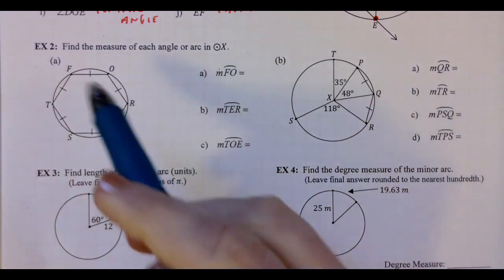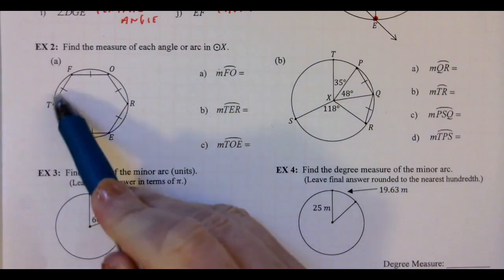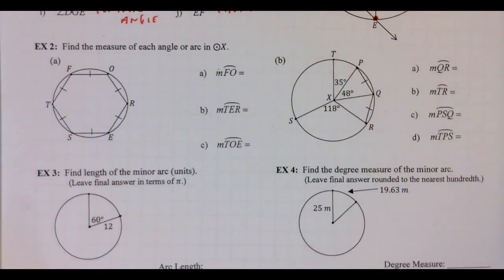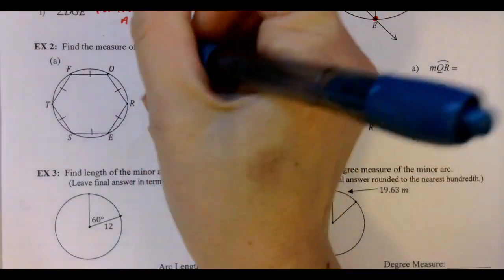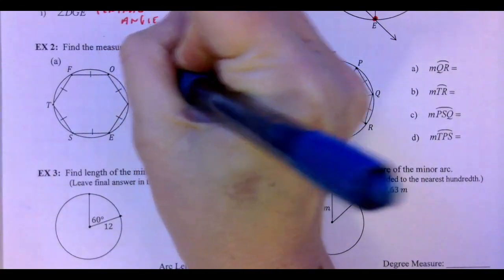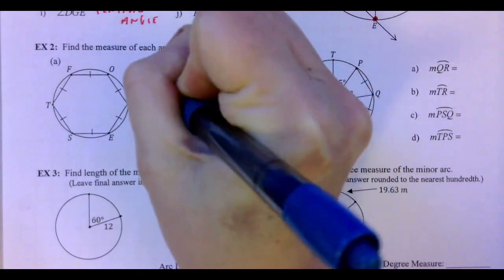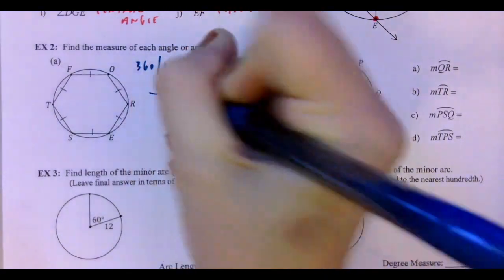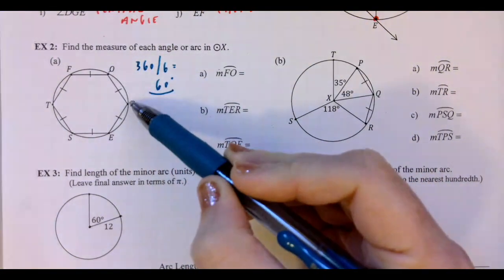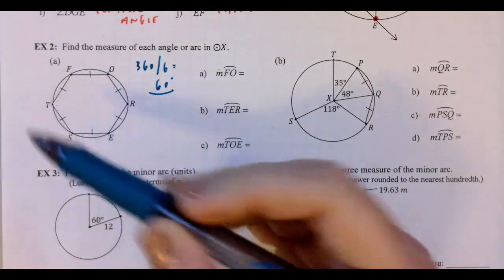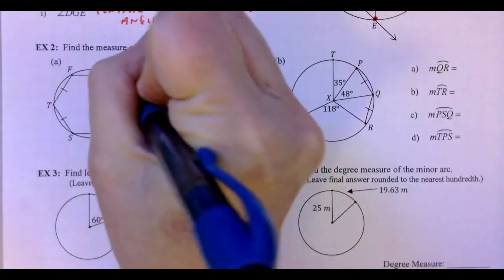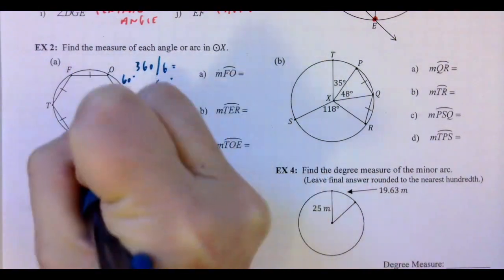What I notice though is that with those 6 congruent chords, they all cut off the same portion of the circle. And if a whole circle is 360, I could split it 6 ways and see that each of those minor arcs here, here, here, all the way around have to be 60 degrees. So I'm going to go ahead and add that to my picture.